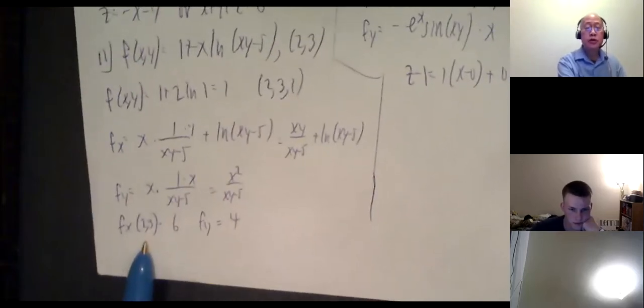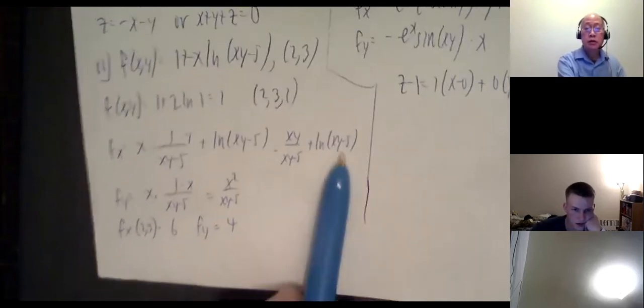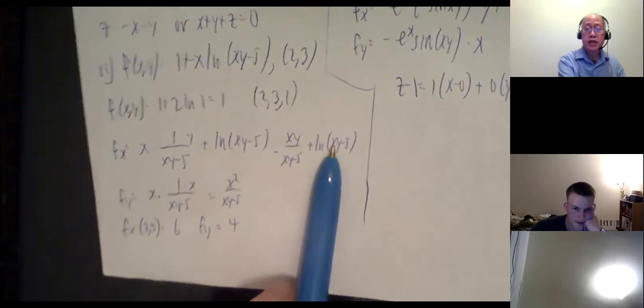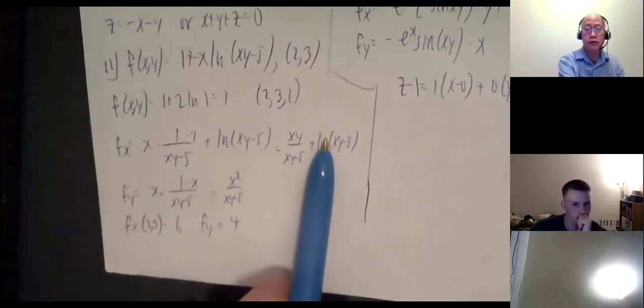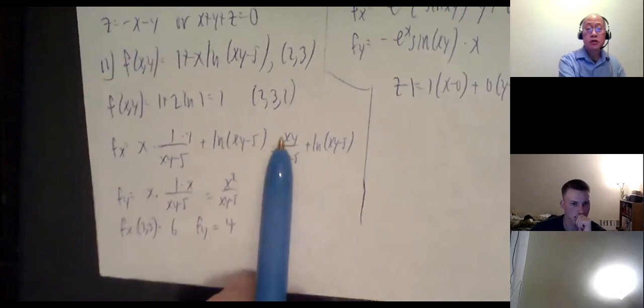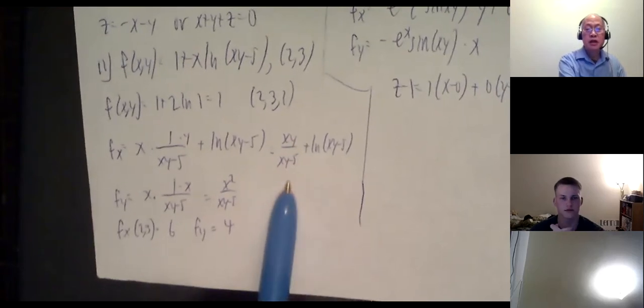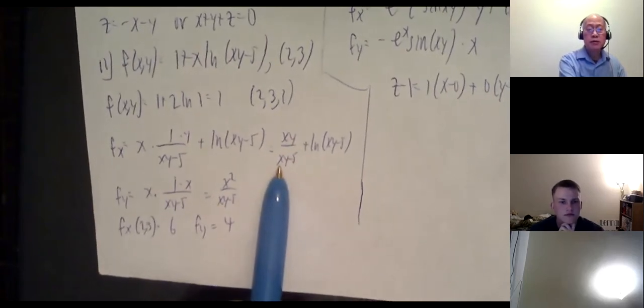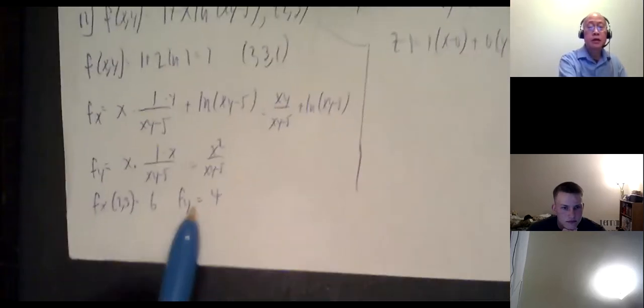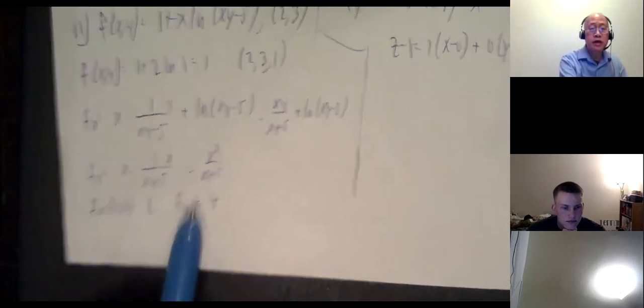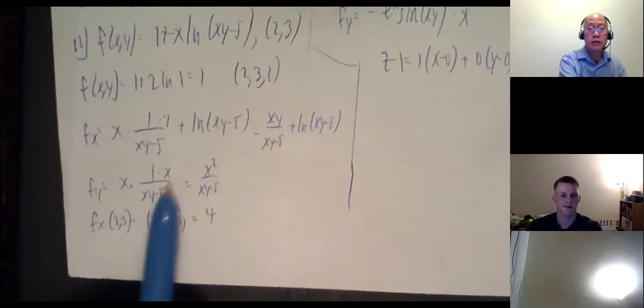Plug in 2 and 3. So 2 times 3 is 6. 6 minus 5 is 1. So ln 1 is 0. So this is going to be 0 for both of them. So I have 2 times 3, which is 6, divided by 2 times 3 is 6 minus 5 is 1. So it's basically 6. And then the partial with respect to y, plug in 2 and 3.